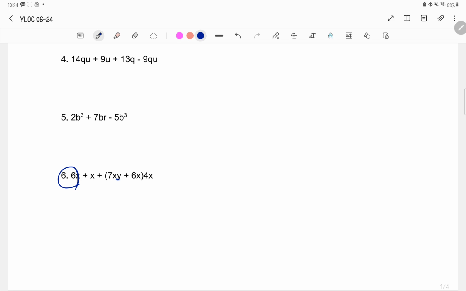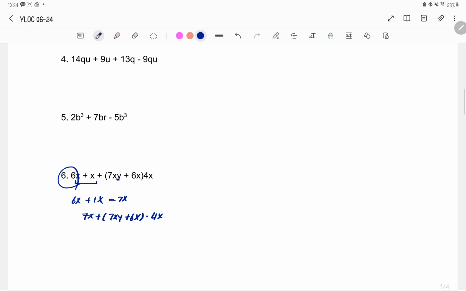So 6x plus x is literally 6x plus 1x, which is 7x. So if you rewrite this, it's 7x plus 7xy plus 6x times 4x.